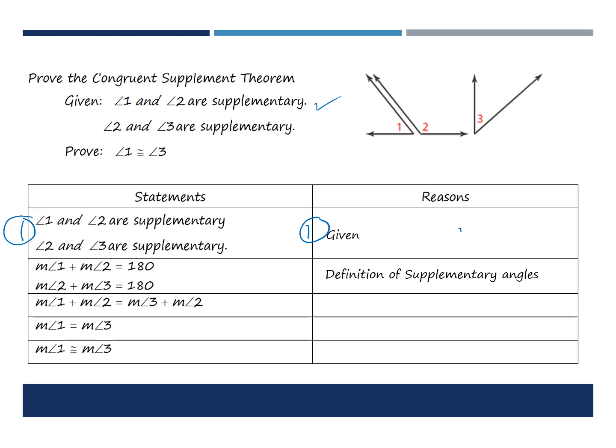Now my next thing that you want to notice is that I've got 180 and 180 the same here. So what I've done is I know that the measure of angle 2 plus the measure of angle 3 is 180, so I can put it here.